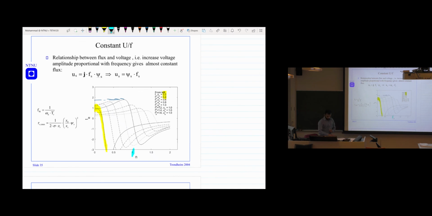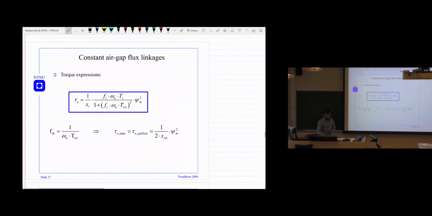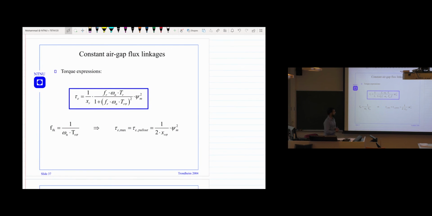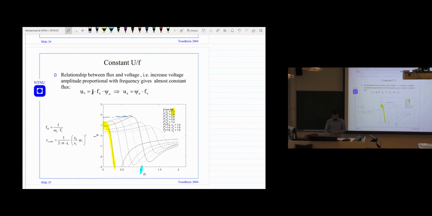So this is the one characteristic that we are talking about, the rotor flux constant. And we also see that it's possible to have other flux constant methods. Maybe I should also say that you would see this constant U/F control in many applications. It's widely used in industry, this U/F control of an induction machine. This is one of the very popular methods used in industry.